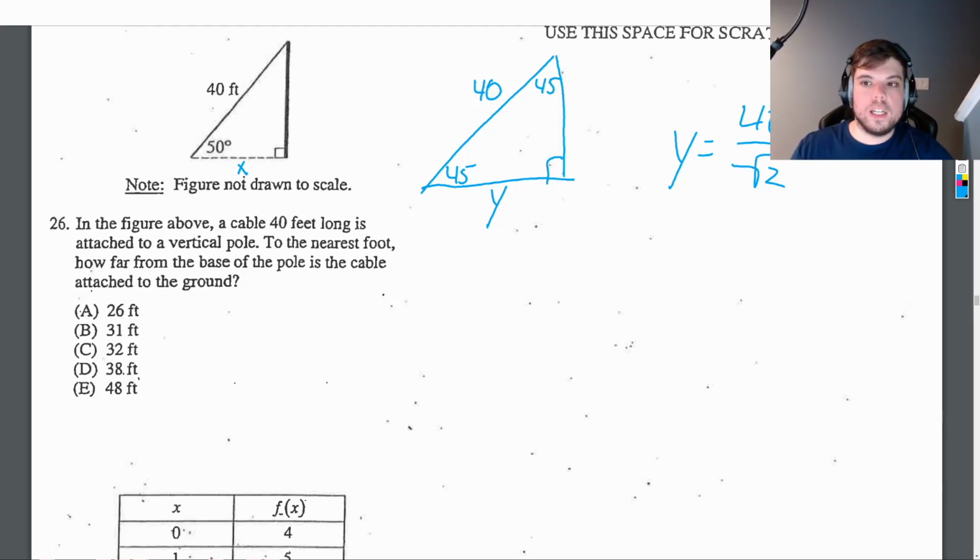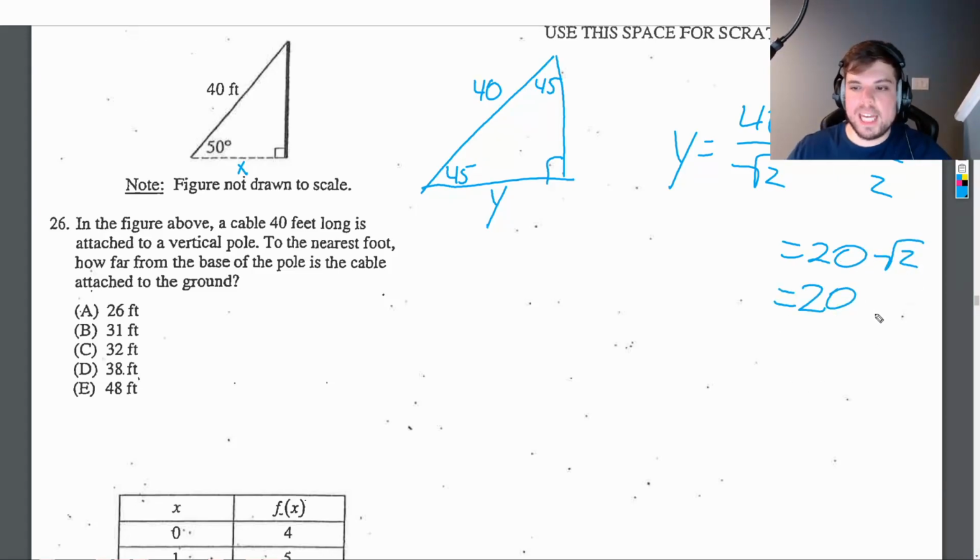Or 40 root 2 over 2, or 20 root 2, or approximately, again, this is all now in my head, 20 times the square root of 2 is about 1.4, so 20 times 1.4, which is about 28.